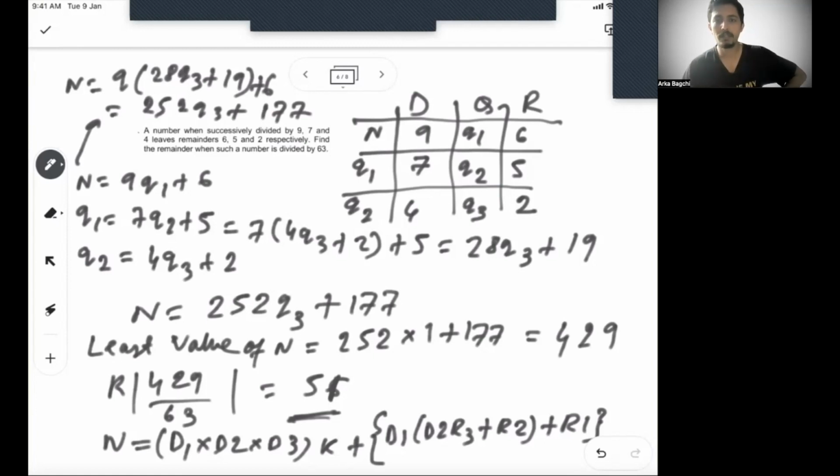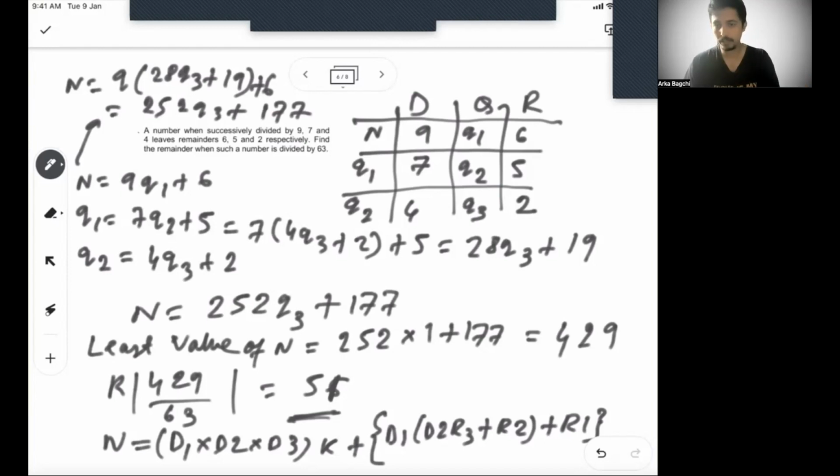This is the formula you can use to get the least value of n, and by multiplying by k you get higher values.